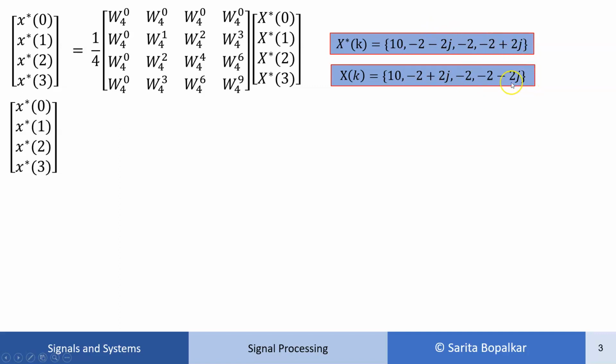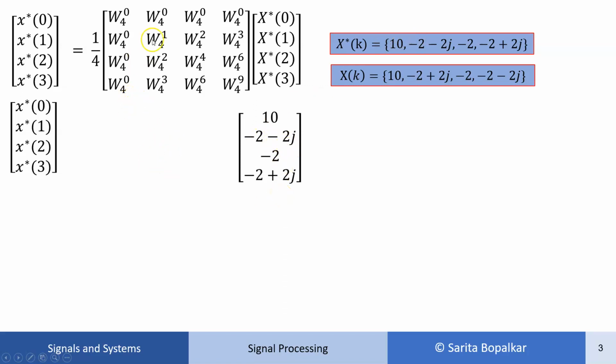Now this complex value minus 2 minus 2j, its complex conjugate is minus 2 plus 2j. So where there is a plus j, you have to replace it by minus j, and minus j you have to replace by plus j in case of complex conjugate. So here my input will be the complex conjugate of x of k, which is x star of k. So here this complex conjugate is my input.